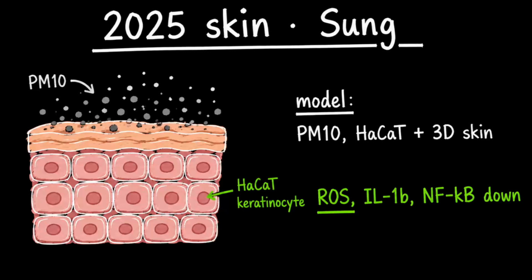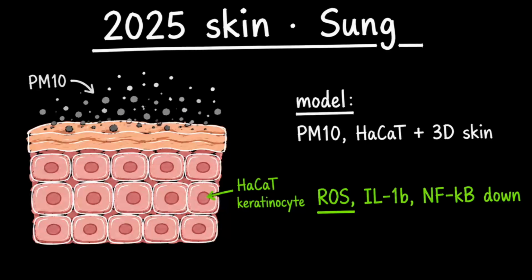And a 2025 keratinocyte study looked at fine particle pollution, so PM10, in human HaCaT cells in a 3D skin model. And KPV reduced the reactive oxygen species-linked damage, including interleukin-1 beta and NF-kappa B, as well as MAPK-related effects.